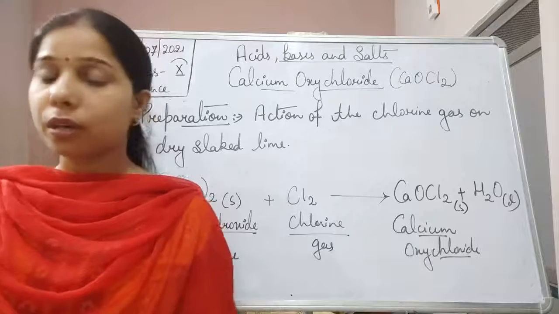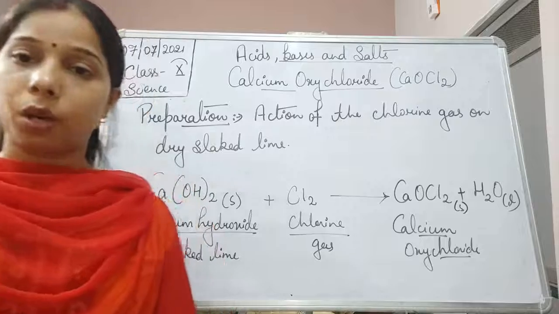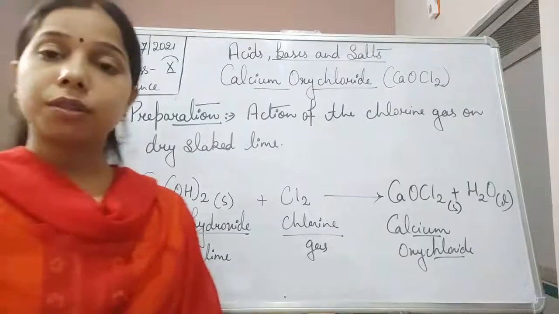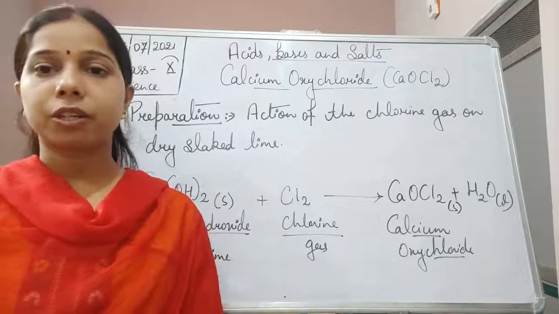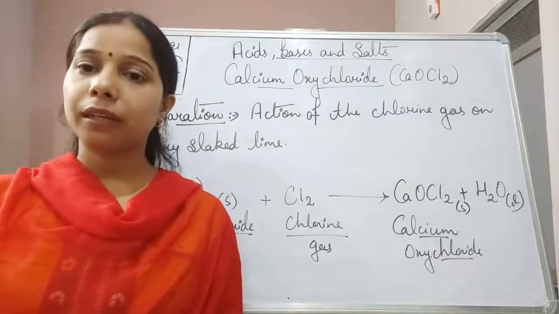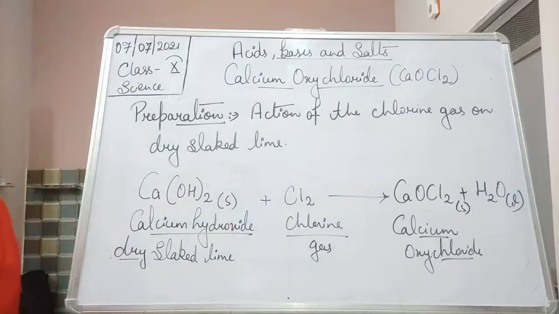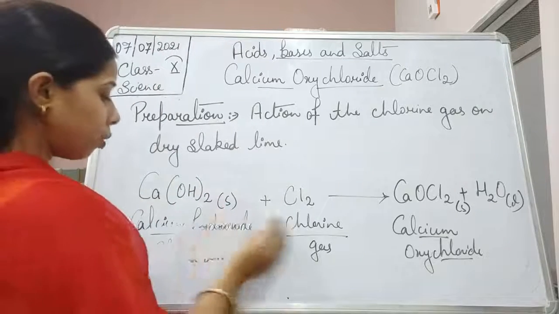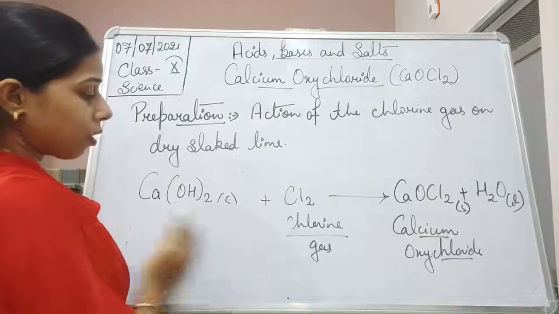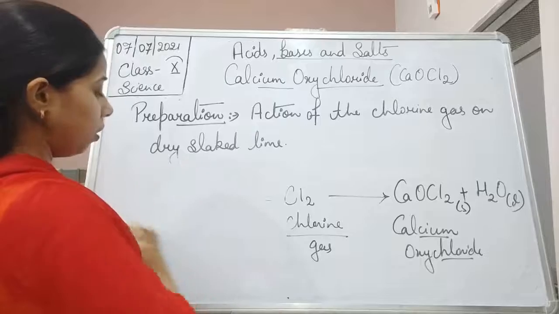This is how the calcium oxychloride or bleaching powder is prepared. Okay, so this is how the preparation of the calcium oxychloride happens, students. Now let us see what the different properties of the calcium oxychloride are. I hope you all have understood how we will get the calcium oxychloride, which is also called bleaching powder.